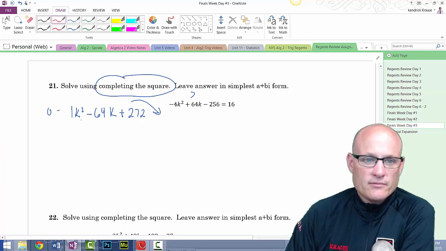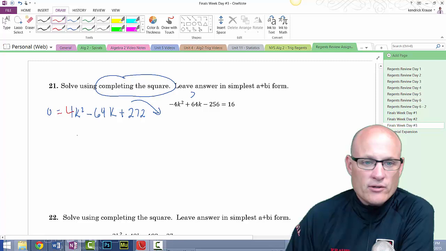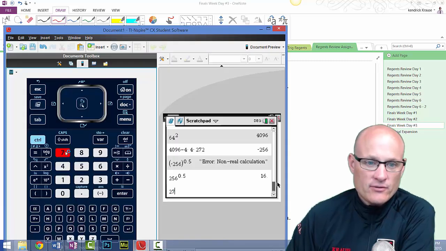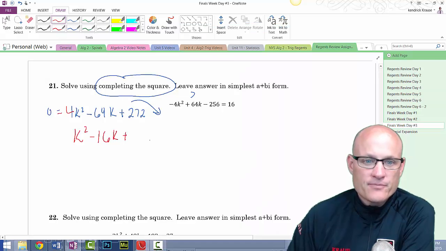So I get this. Now, the idea with completing the square is, first of all, the leading coefficient has to be 1. So I have to divide through. So I get k squared minus 16k plus 272 divided by 4, 68, equals 0.